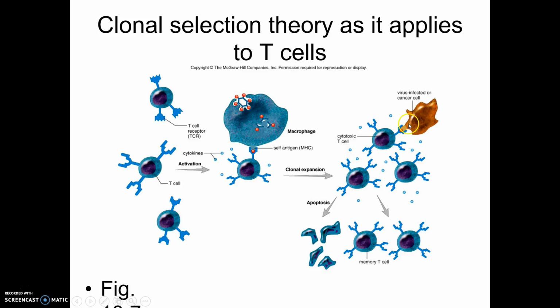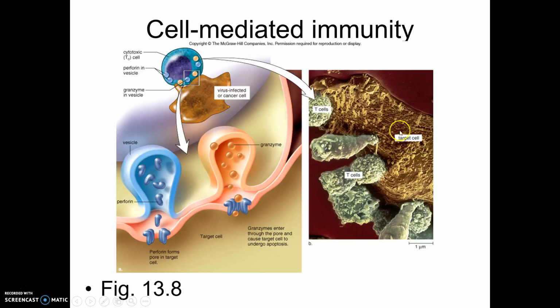So they would not just display the antigen that's infecting it, they would also display their own antigens. But along with displaying their own antigens, they also display the antigens of what's infecting it, and that becomes a marker that gives our cytotoxic T cells something to look for, to come across and hopefully kill the infected cell. So we see that happening here in this picture.